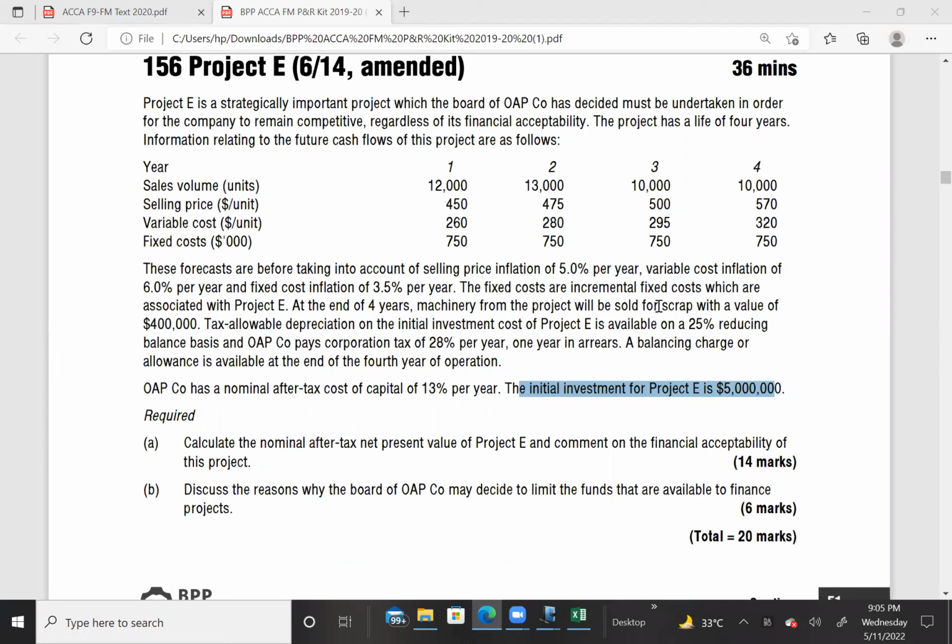Then we have the variable cost, and in the variable cost, the inflation rate is 6%. And these are the variable costs before considering the inflation: 260, 280, 295, and 320.